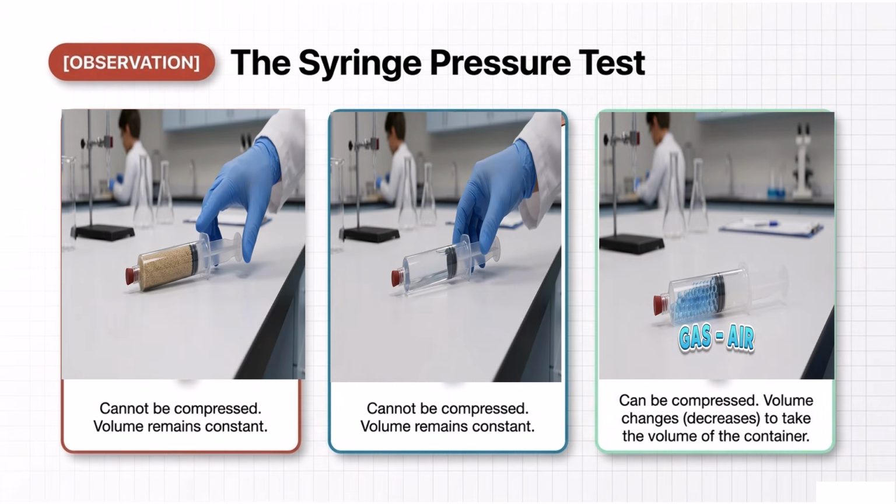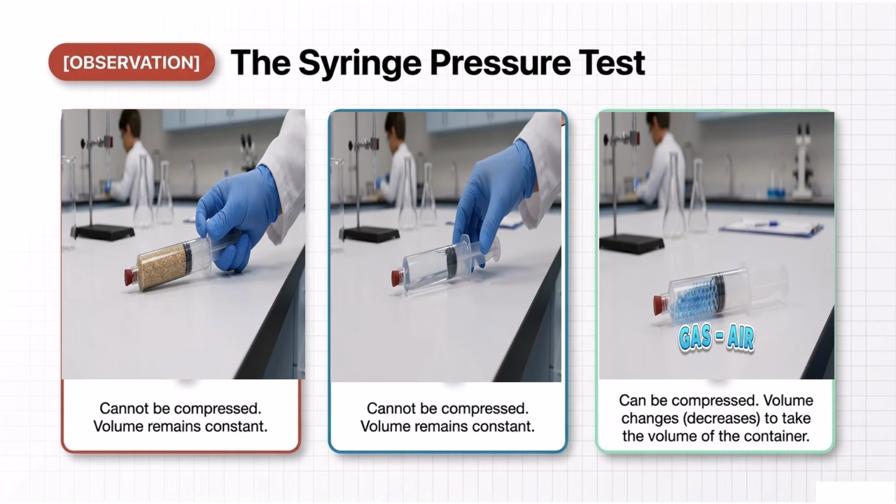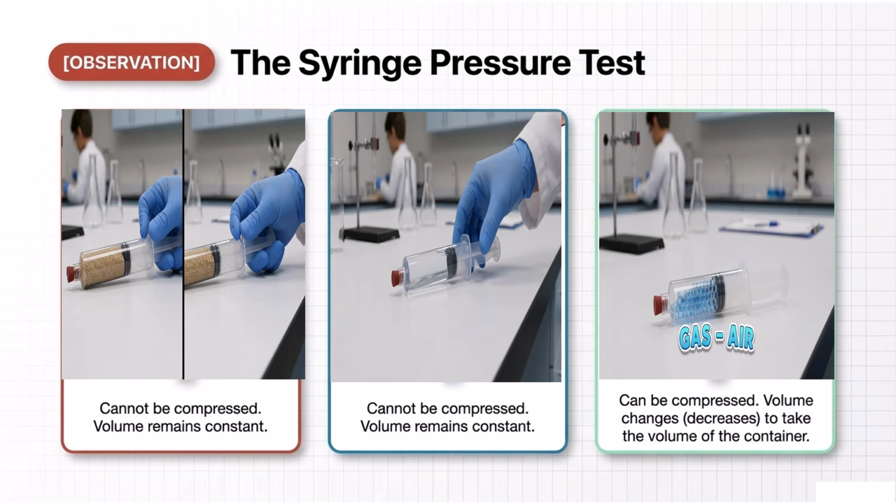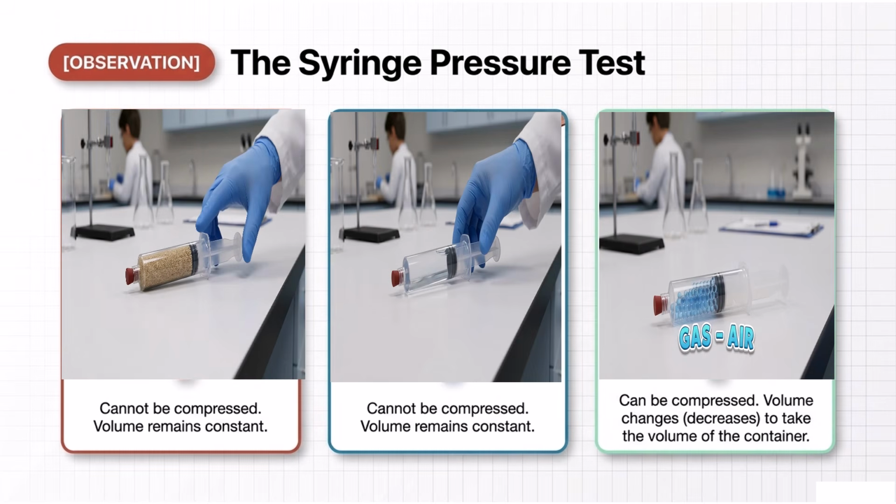We compress the first syringe that is filled with sand. When we press the piston, the sand cannot be compressed significantly, so its volume remains constant, or doesn't change.